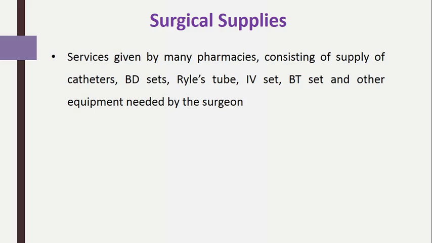It consists of supply of catheters, Becton Dickinson sets, that is BD set, Ryle's tube, intravenous set, blood transfusion set, and other equipment which is required in the hospital. All types of surgicals are supplied by the pharmacies attached to the hospital, that is hospital pharmacy, or others.